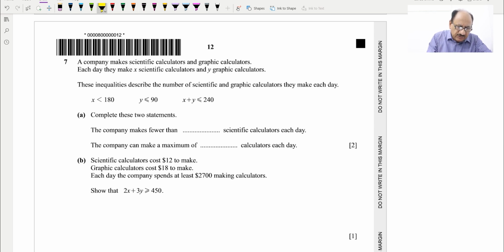Question number 7 says a company makes scientific calculators and graphic calculators. Each day they make x scientific calculators and y graphic calculators. These inequalities describe the number of calculators they make each day: x is less than 180, y is less than or equal to 90, and x plus y is less than or equal to 240. Complete these two statements.